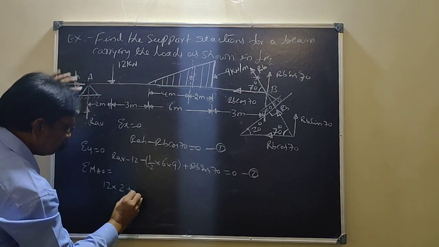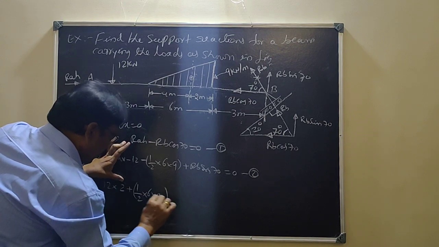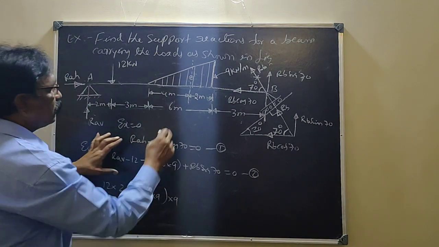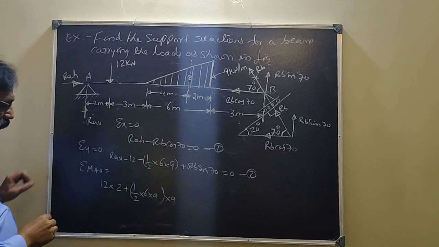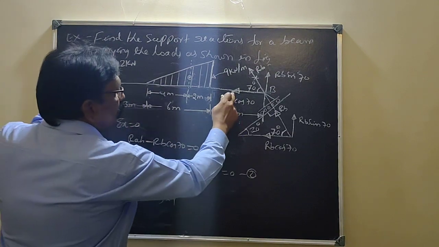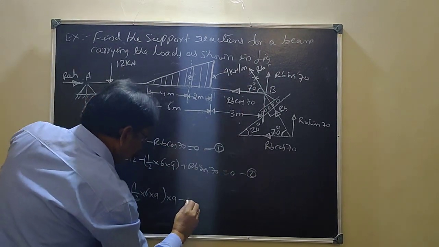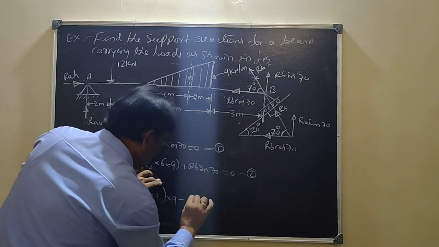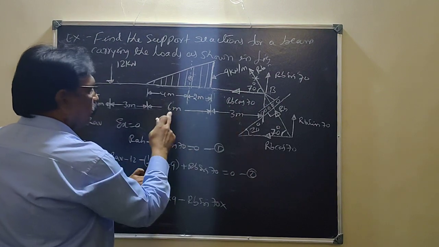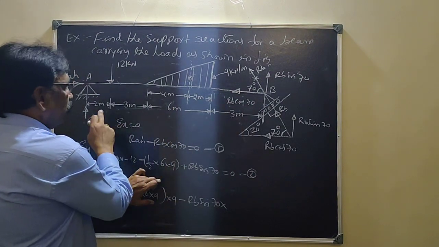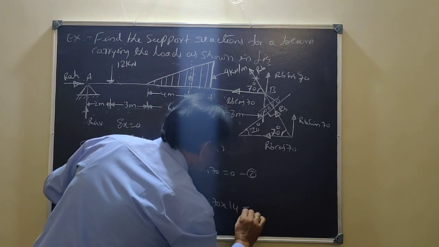So plus half into 6 into 9 into 9, clockwise moment. RB cos 70 passes through the point, so no moment, and RB sine 70 causes anti-clockwise moment, RB sine 70 into the total distance, 3 plus 6 is 9, 9 plus 5 is 14, and this must be equal to 0.